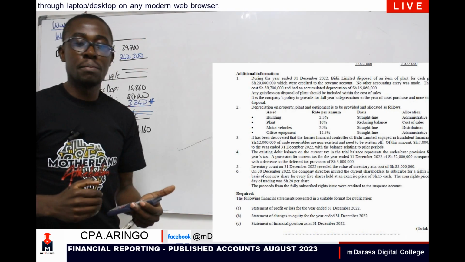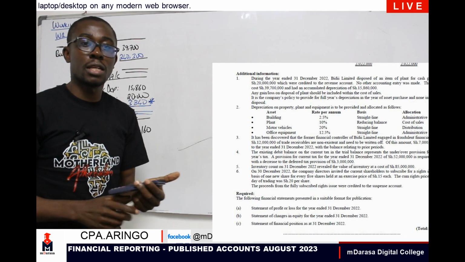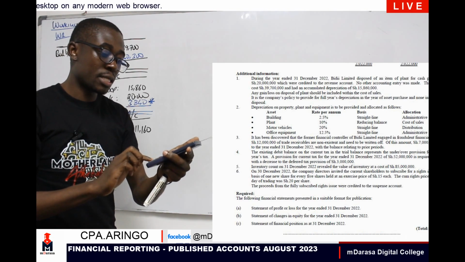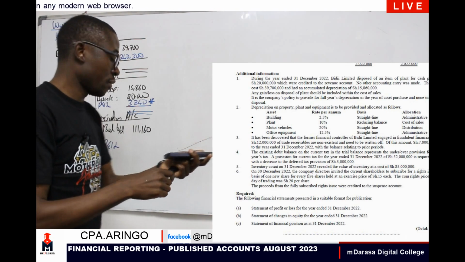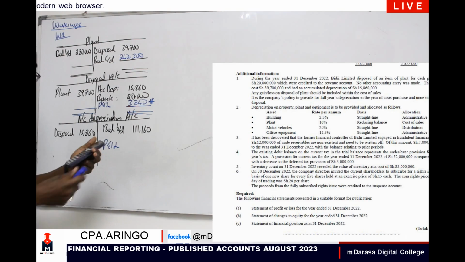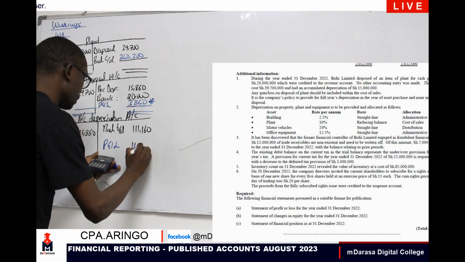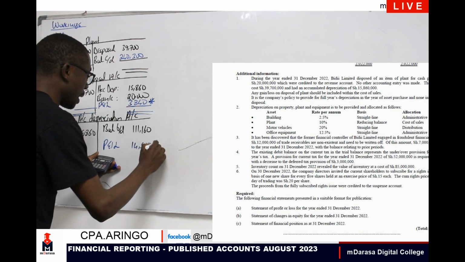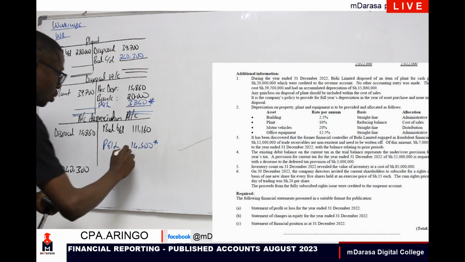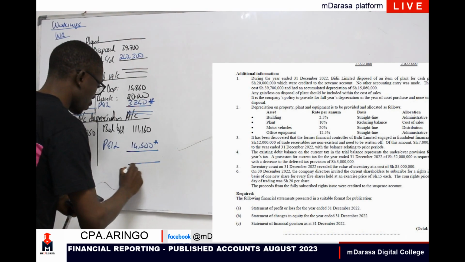What is our depreciation? Depreciation we are given at the rate of 10%. So times 10%, which will give us a figure of 14,500. So I'm going to take 14,500 as our depreciation for that period.